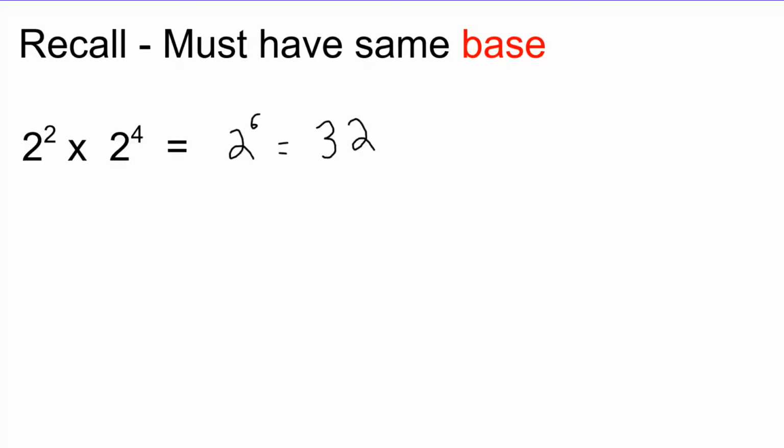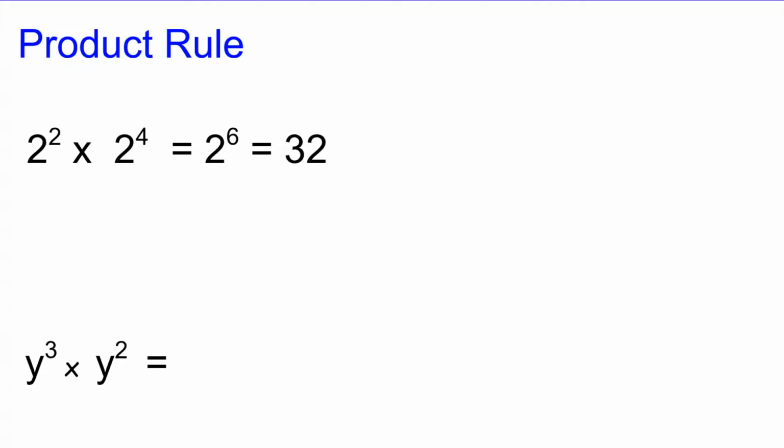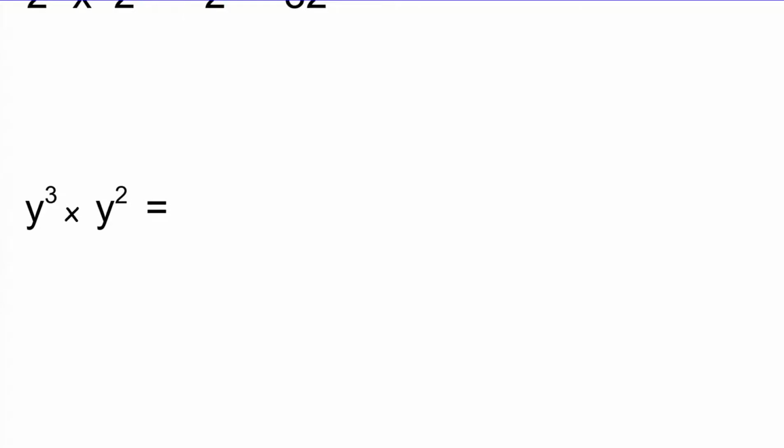Now with variables, such as this one, we have the same base. They're both y. It's multiplication, so it must be the product rule. So let's put our base down. We know it's y. And since it's the product rule, that means we're adding the exponents.